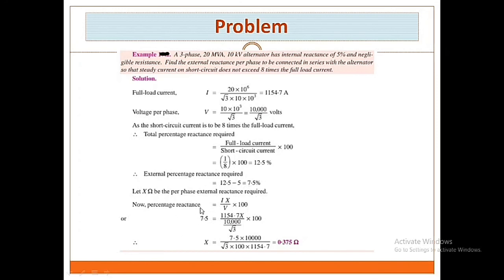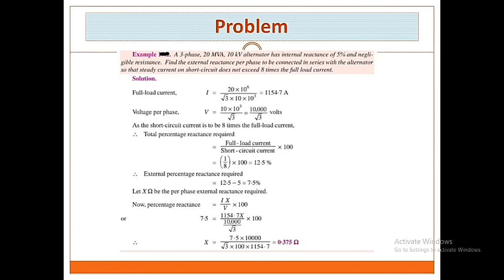So this is the expression of percentage reactance. Now put the value of percentage reactance 7.5, put the value of full load current, put the value of V, and 100. From this we get the value of X, which is 0.375 ohm.